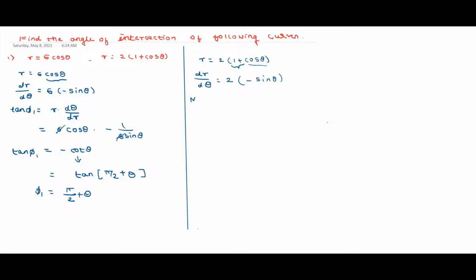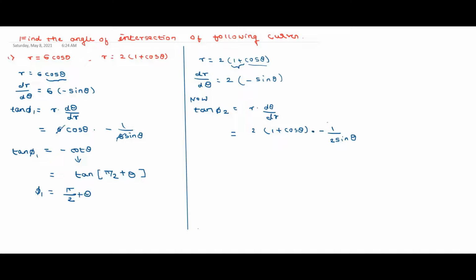Now find the value for tan phi 2. Tan phi 2 is equal to r into d theta divided by dr. The value of r is equal to 2 into bracket 1 plus cos theta into d theta by dr. d theta by dr is given by minus 1 divided by 2 sin theta.